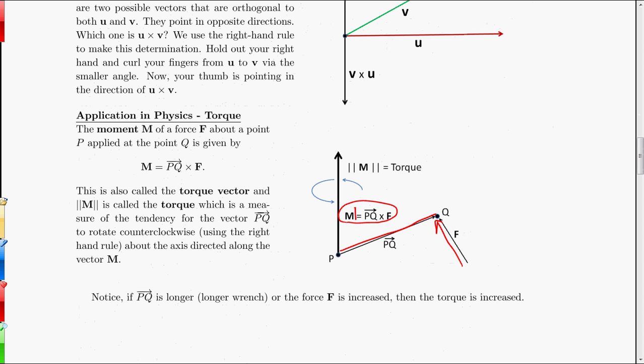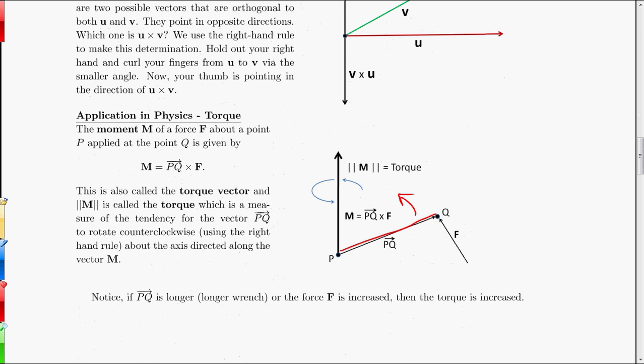If you take the size of that moment, you get what's known as the torque. It's a measure of the tendency to go around in the counterclockwise direction. In this case it's counterclockwise because F is going in this direction.